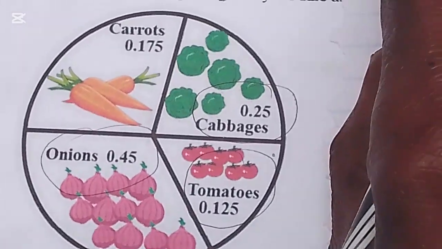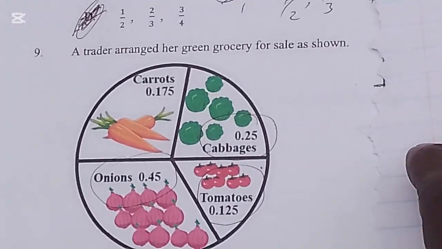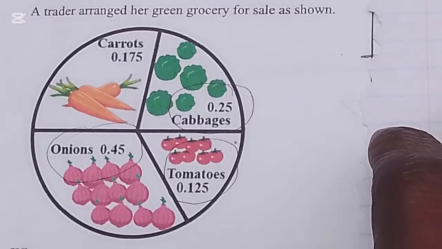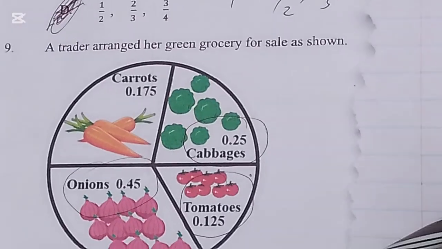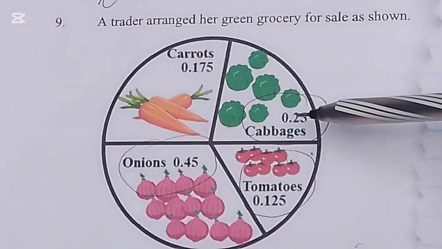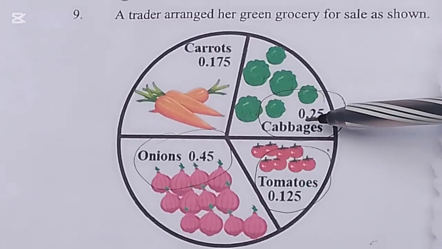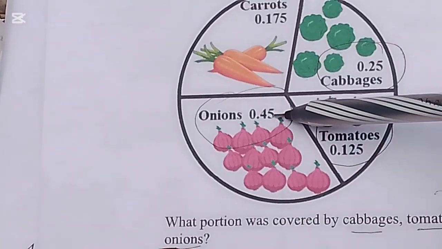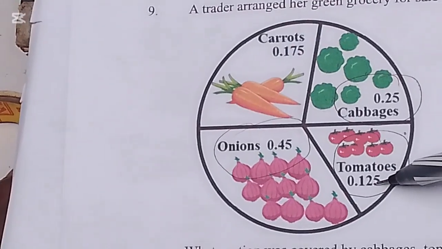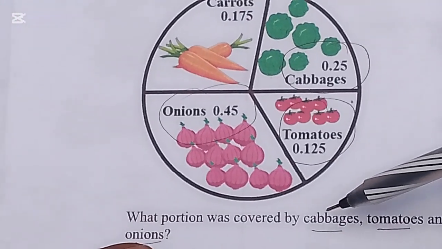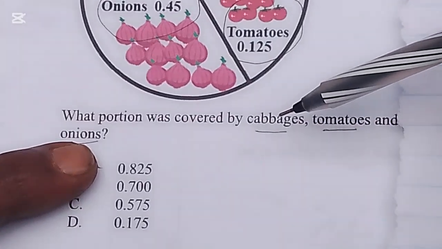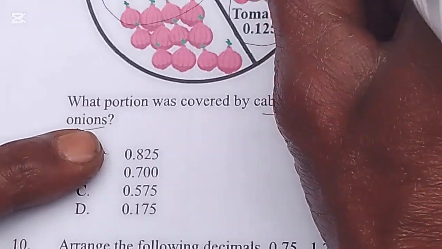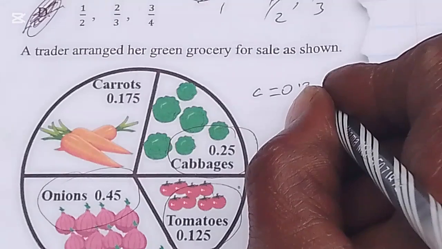We have number 9. A trader arranged her green grocery for sale as shown. For carrots, 0.175, cabbages, 0.25, onions, 0.45, tomatoes, 0.125. What portion was covered by cabbages, tomatoes, and onions? Cabbages is 0.25.